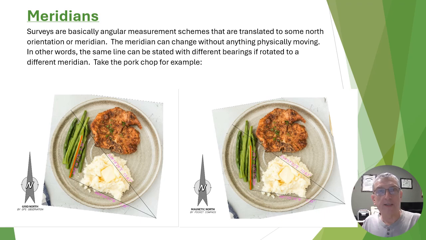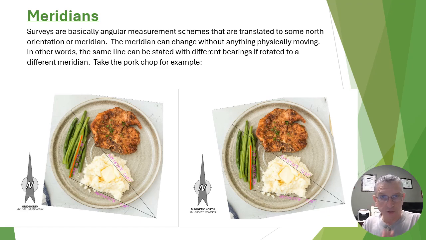I had to explain the difference in bearings. I had to get into magnetic declinations and the variations of a pocket compass. And I used this example graphically. I didn't have these pictures, but I said, just imagine a pork chop. Or in this case, let's look at the spine of one of the green beans.